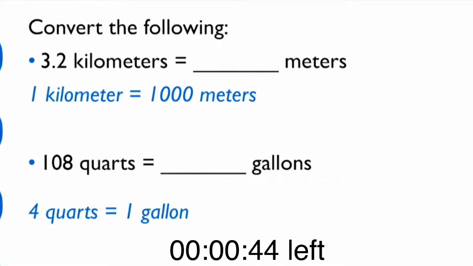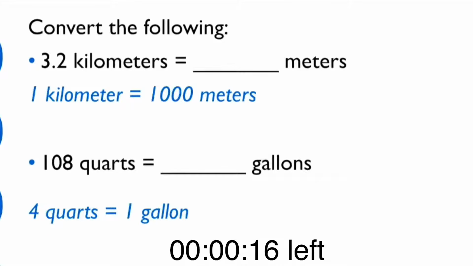With 1 minute left, let's go through some hints for method number 2, the big small method. So if you're going from meters to kilometers, is a meter smaller than a kilometer or bigger than a kilometer?